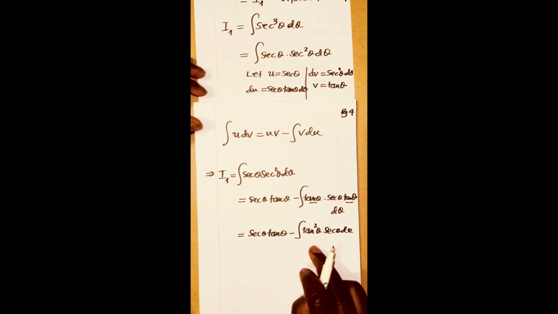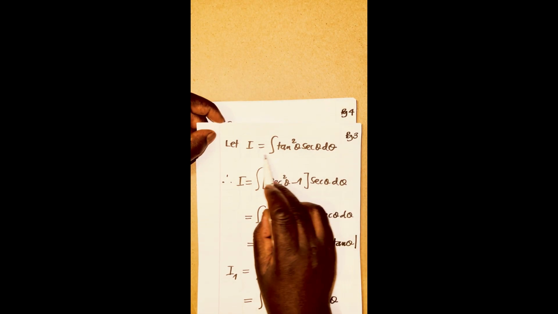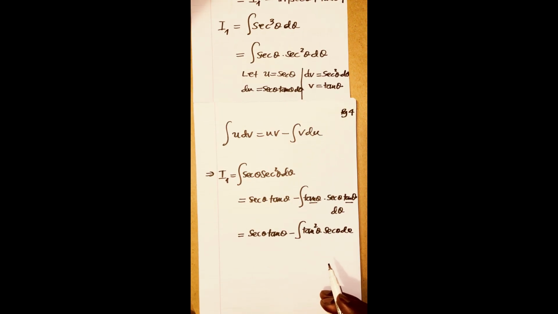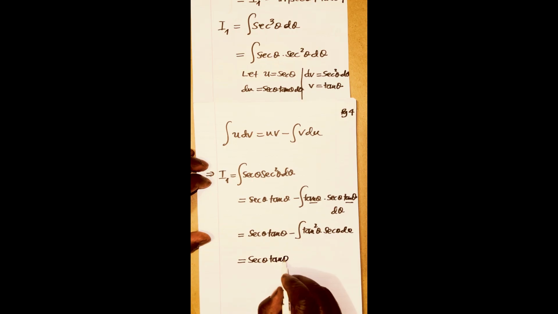Now if you look at this one here, it is our original integral, which we called I. Here it is on page 3. That I here is this one here. So I can say comfortably that this is the same as sec of theta tan of theta minus I. So this is I1.